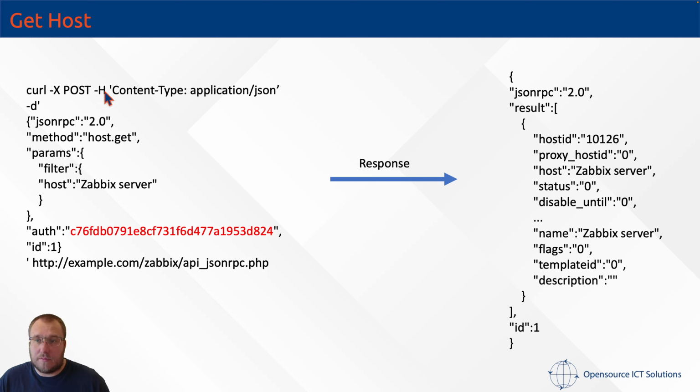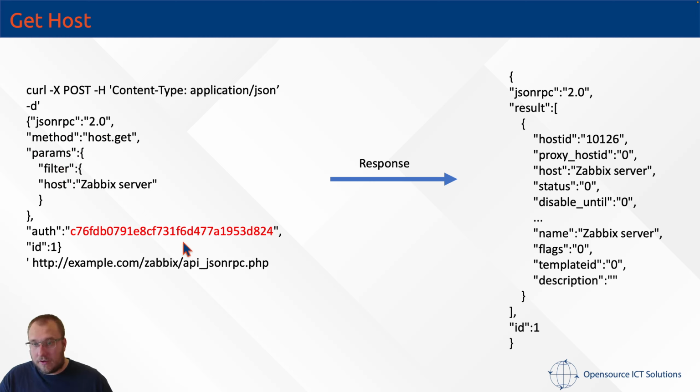Once again, curl post content type as a header with application JSON as the value for it. Then adding a payload, authentication token, ID, talking to some sort of URL. Well, the payload here, method host.get. Parameters, we are filtering on the host with the name Zabbix server.